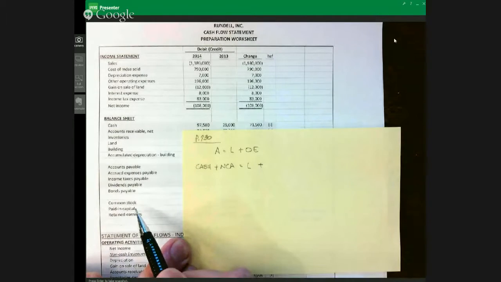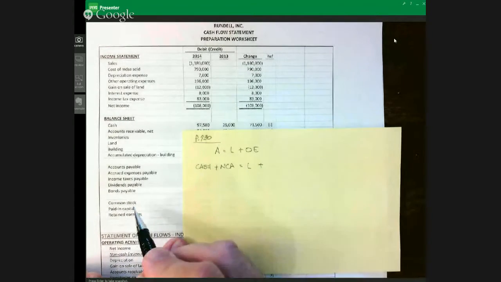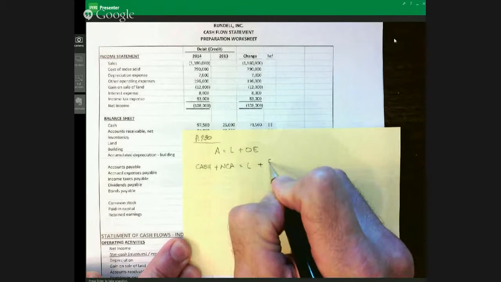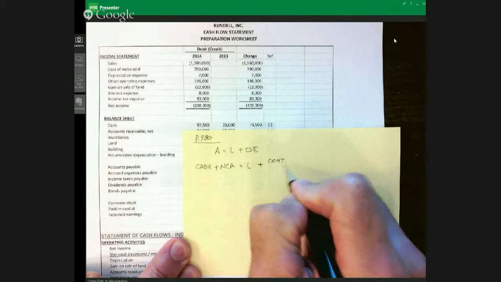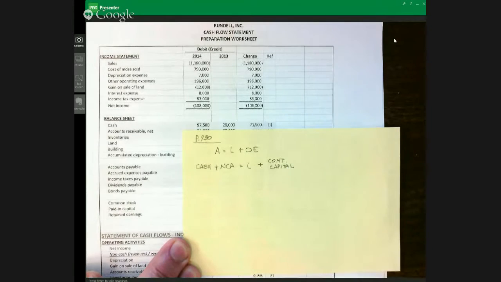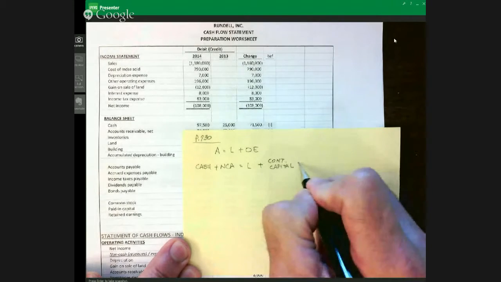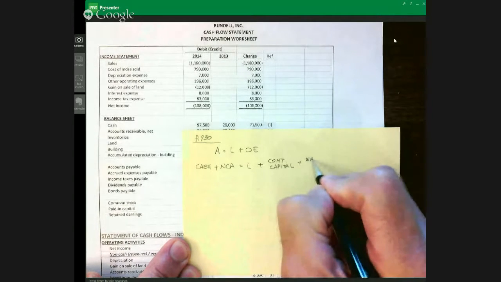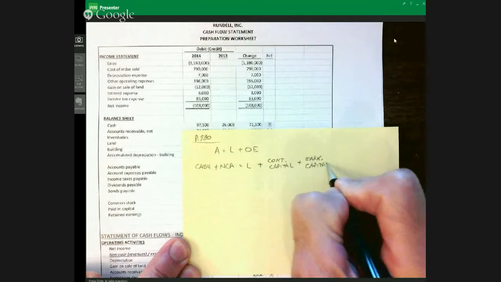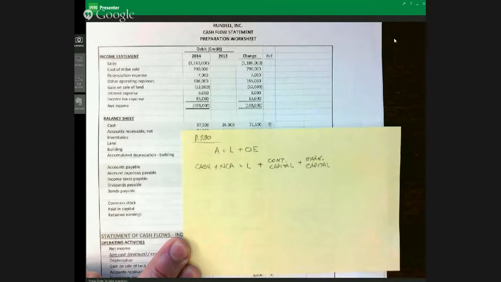Now let's take a look at the owner's equity. Owner's equity is comprised of different items. There would be the contributed capital, which would be the issuance of stock, whether preferred stock or common stock. And then there would be the earned capital, which is what the business gets from its net income.